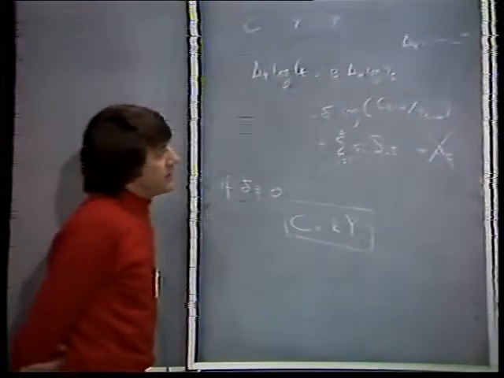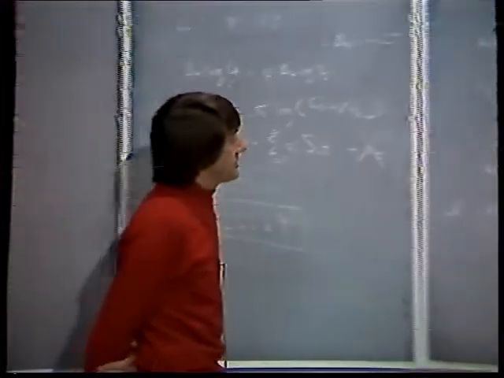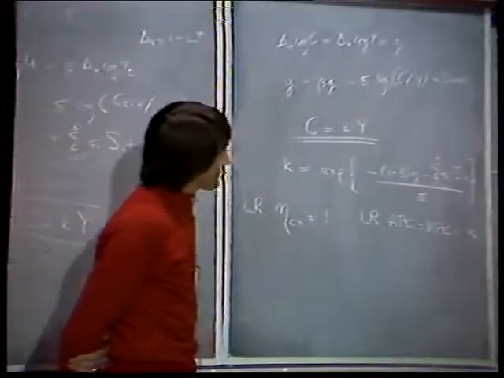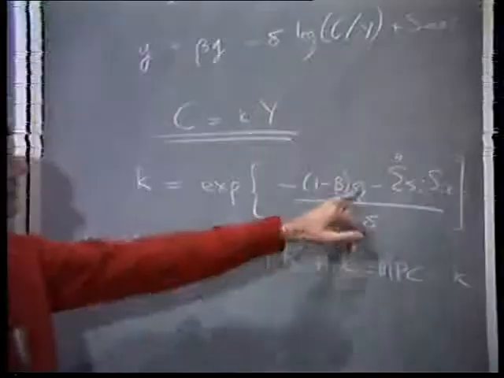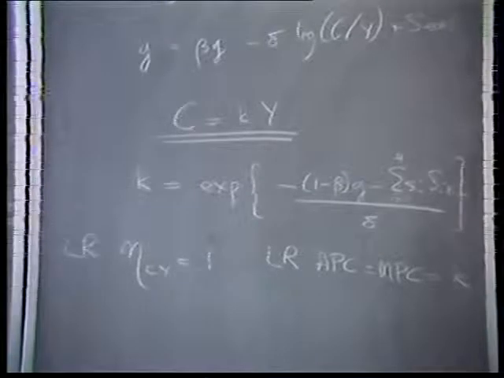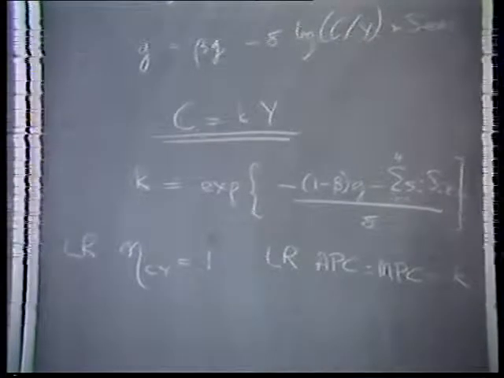And that may not be an unreasonable description of reality. Also notice that the marginal propensity to consume varies with the growth rate, and in particular it varies inversely with the growth rate.